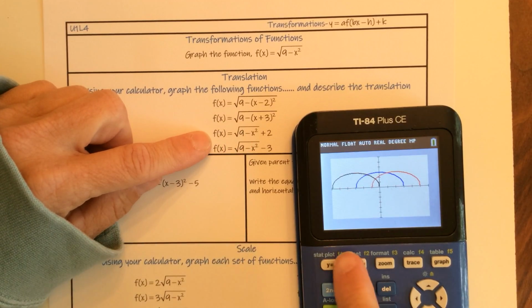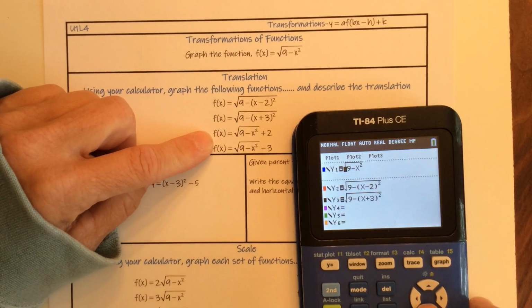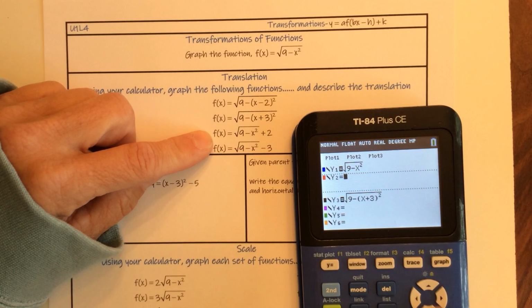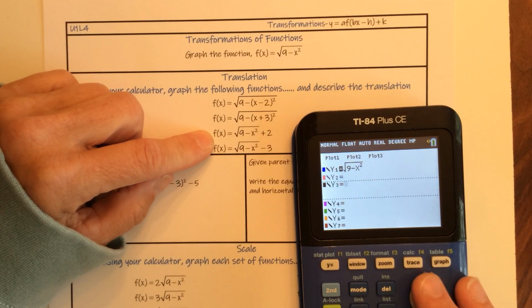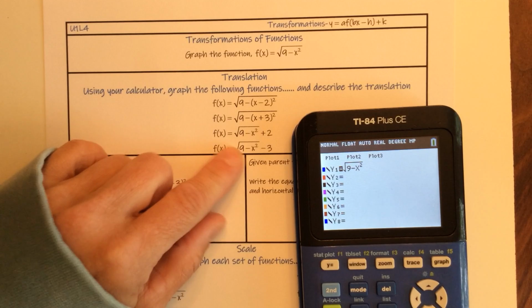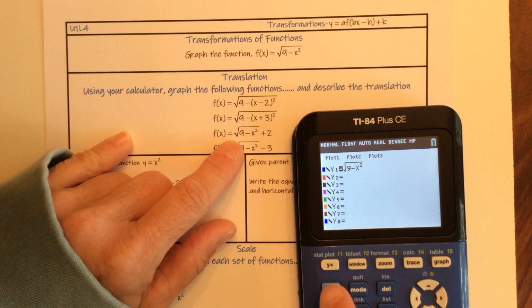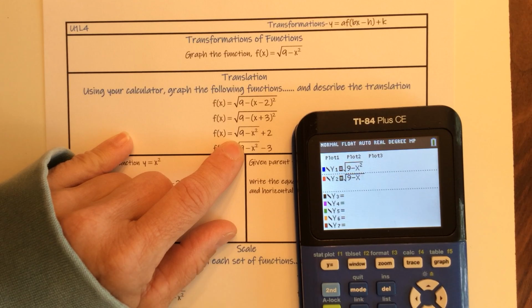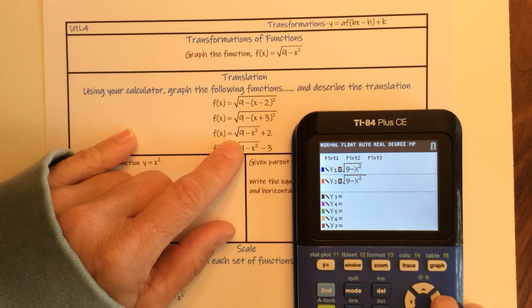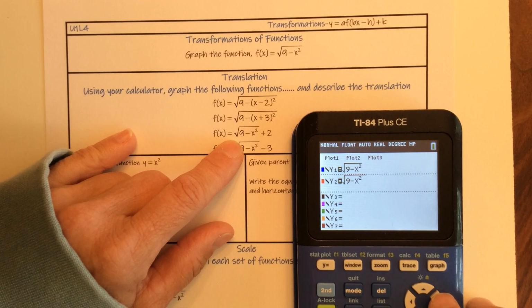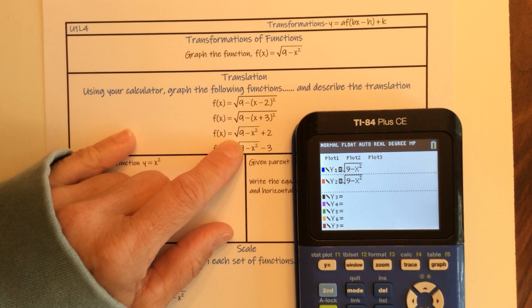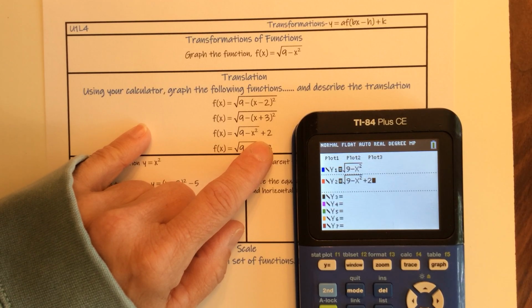I'm going to go back into y equals, keep y1, and clear out y2 and y3. In y2, I'll put the square root of 9 minus x squared, and here you've got to be careful to get outside of the radical. Use your right arrow key and then type +2.